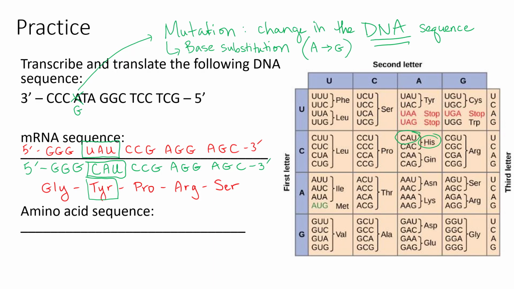CAU on the codon chart codes for an amino acid called histidine, which is shortened as HIS. So now we have a different sequence. We have a histidine here. And everything else is still the same, except for that one amino acid that's different.